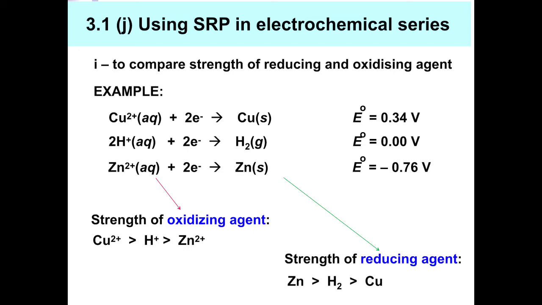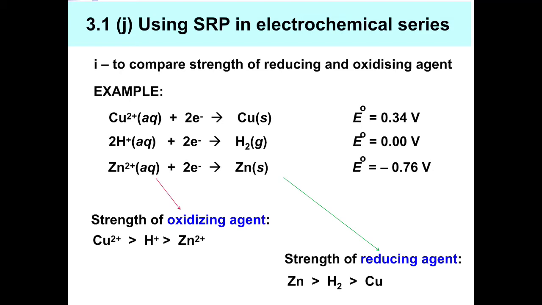Or we can say that Cu2+ is the strongest oxidizing agent, followed by H+, and Zn2+ is the least strong oxidizing agent. But if we refer to the right side of the equation, which is the product, where we have copper, hydrogen, and zinc, we are referring to the reducing agent. To compare the strength of reducing agents, we look at the more negative value.